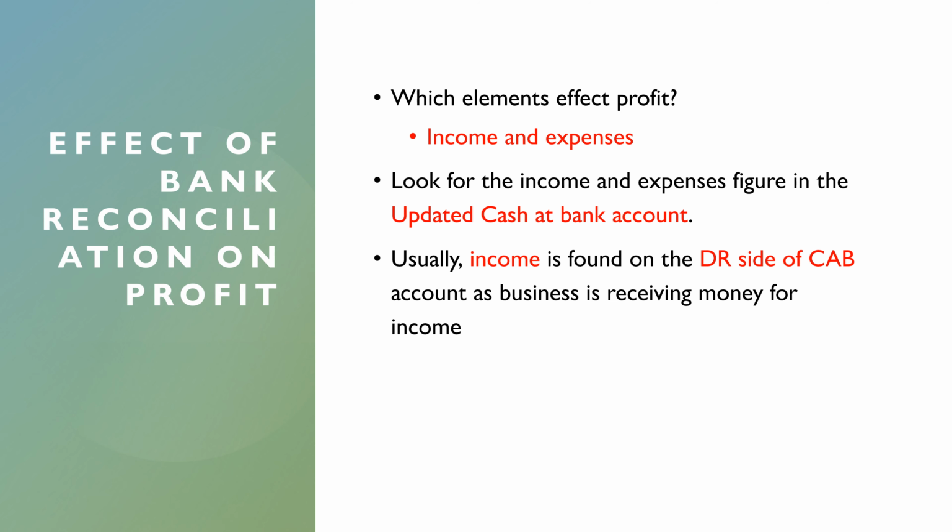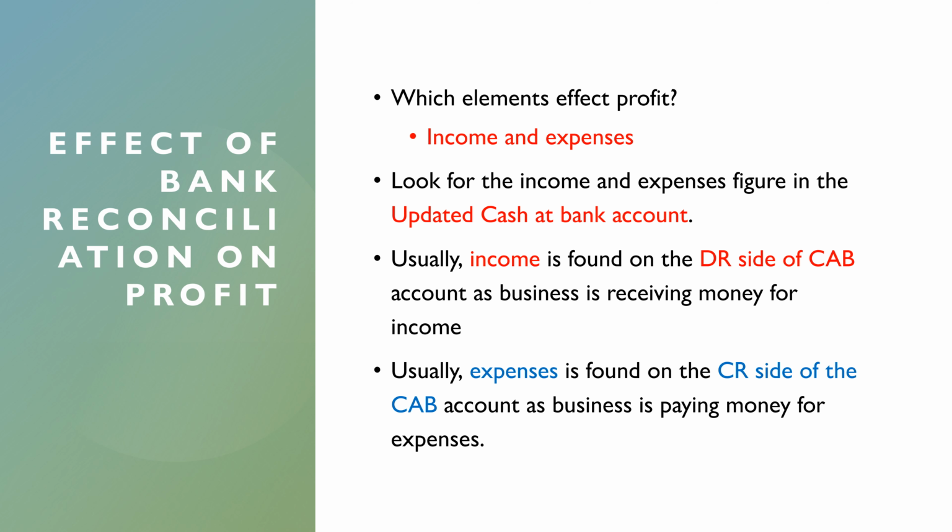Usually income is found on the debit side of the cash at bank account because the business is receiving money for income. Likewise, expenses are usually found on the credit side of the cash at bank account as the business is paying money for expenses.